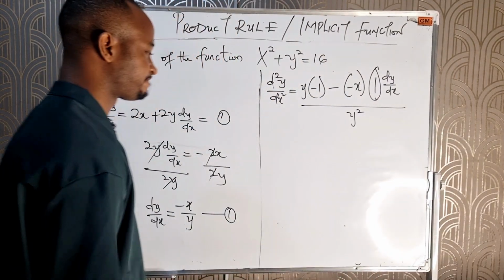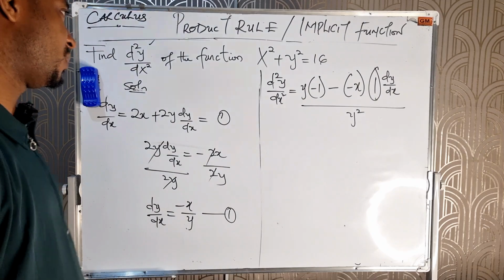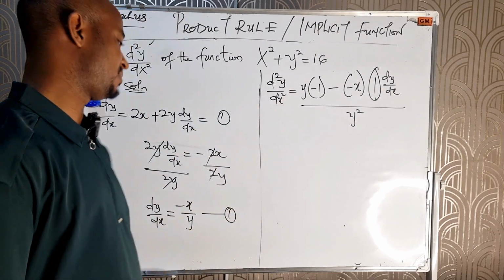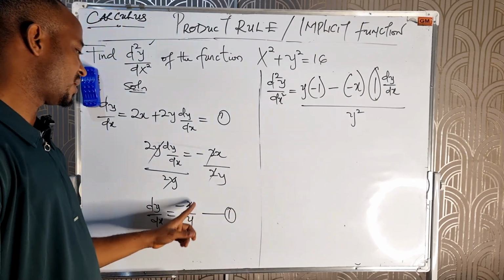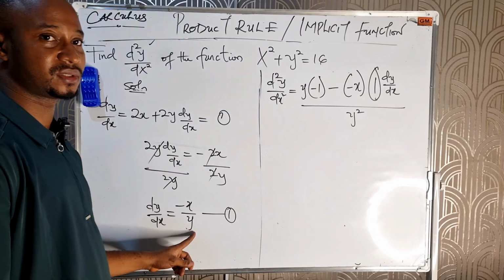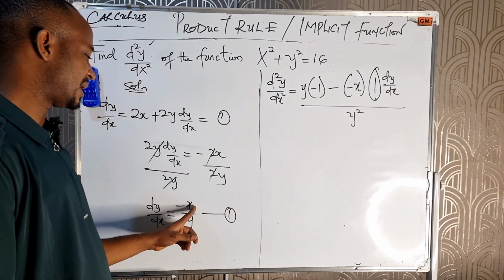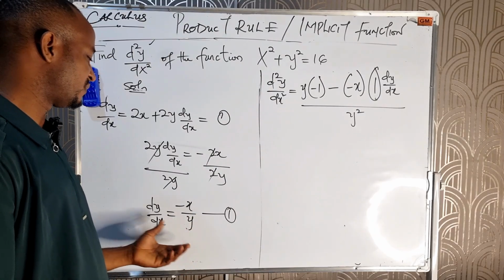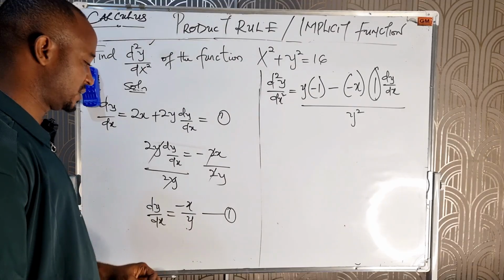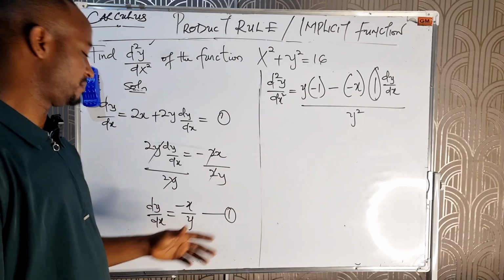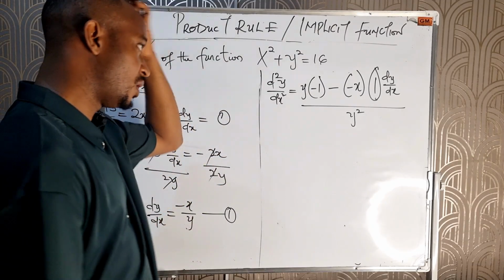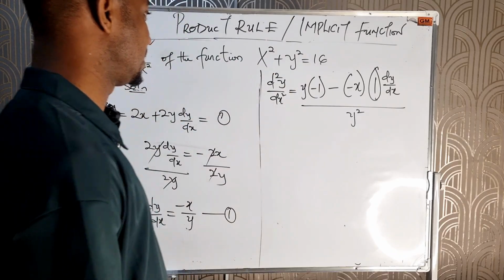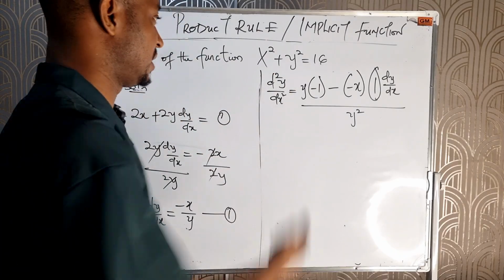I repeat again. Why do we have to bring in implicit differentiation here? Because we have both x and y in this function. So both x and y are acting as subjects of the given function, so we have to apply the principle of implicit differentiation.